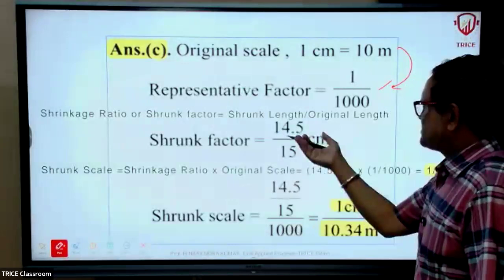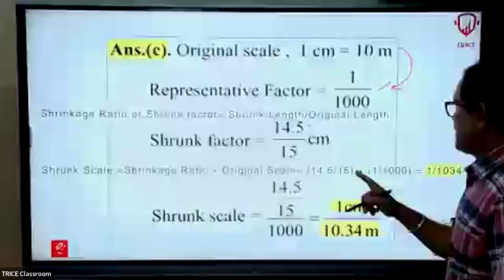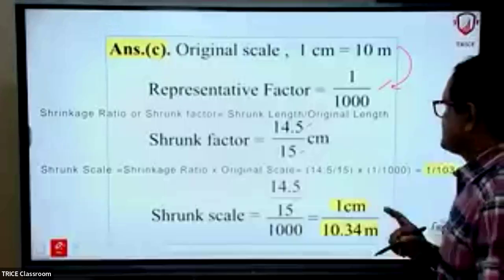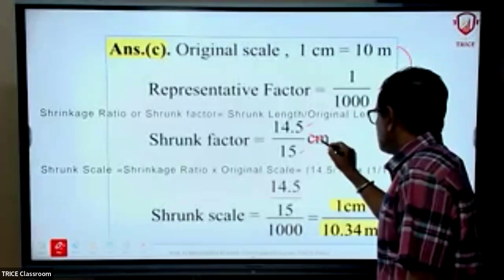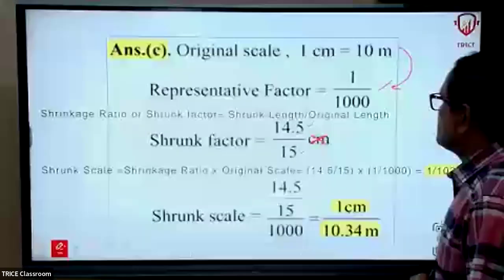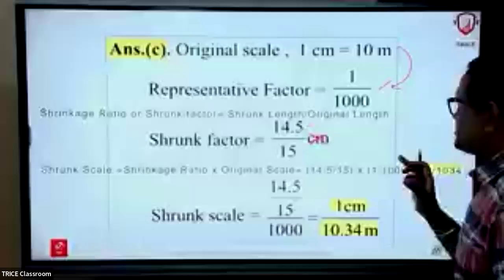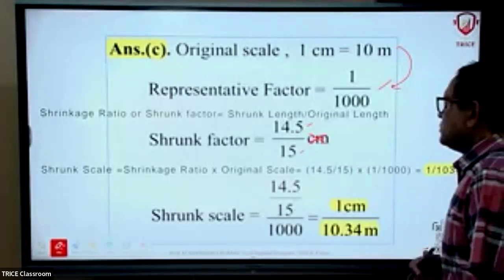Shrunk length 14.5. This is extracted from the problem statement. What was the original length? 15. So shrinkage factor is, it's a ratio, so centimeter is not required. 14.5 divided by 15. This is the shrinkage ratio or shrunk factor.